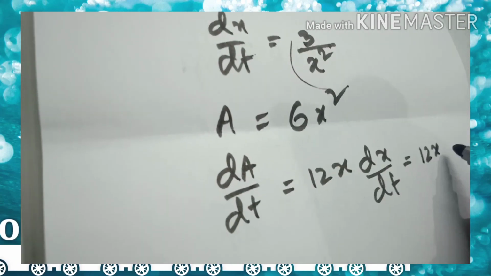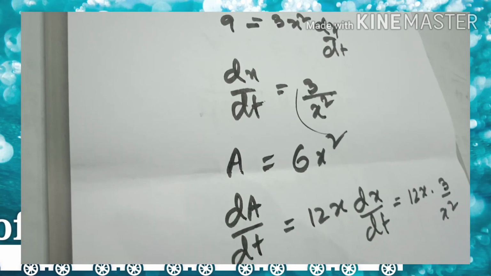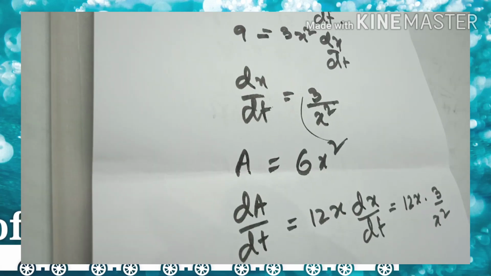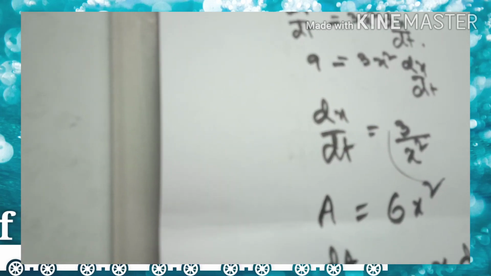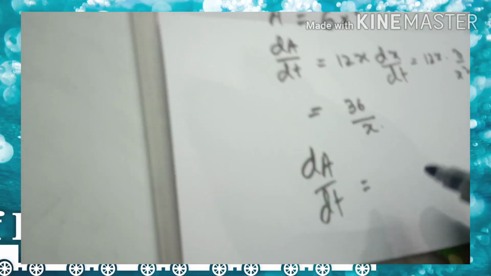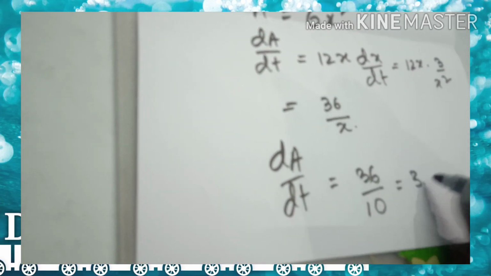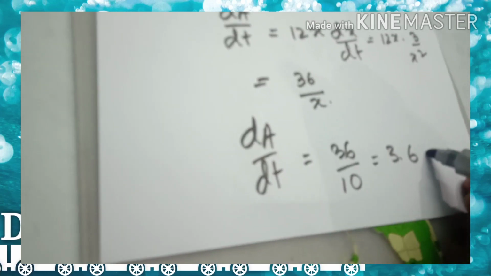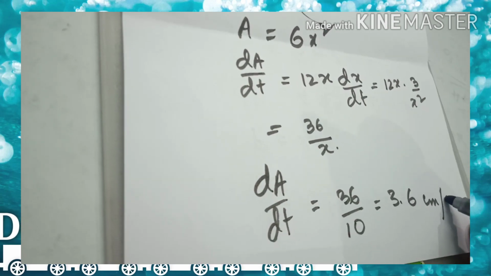So 12x into 3 by x square, that is 36 by x. Now we have to find out the change when the edge is 10 centimeter. So when it is 10 centimeter, dA by dt will be equal to 36 by 10, that is 3.6 centimeter square per second.